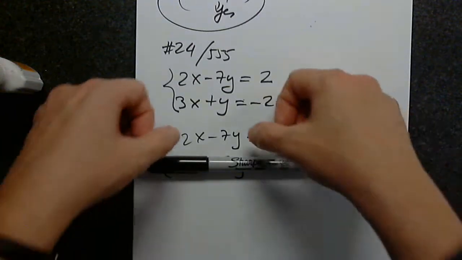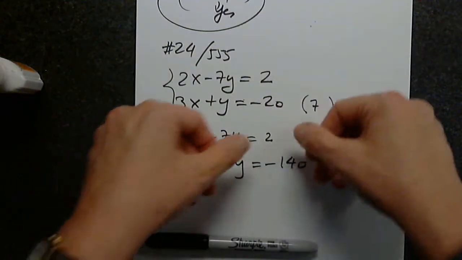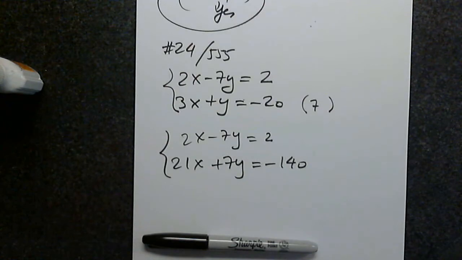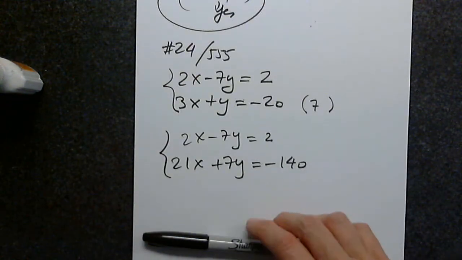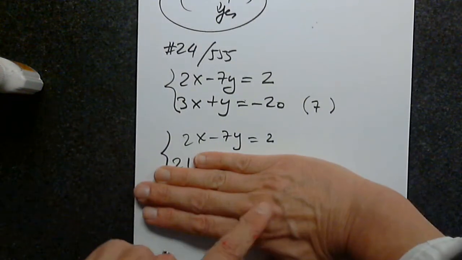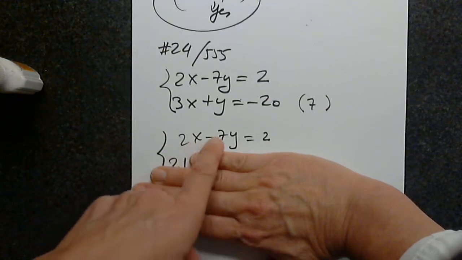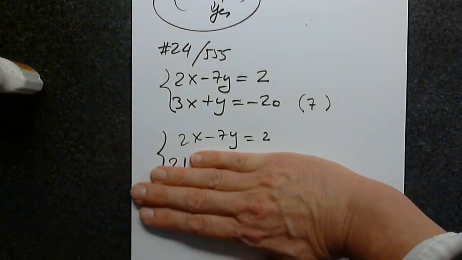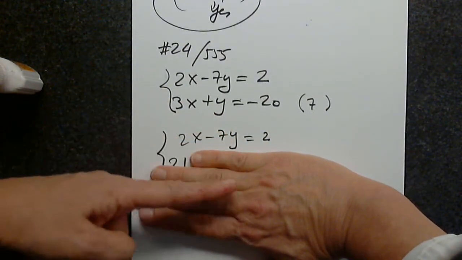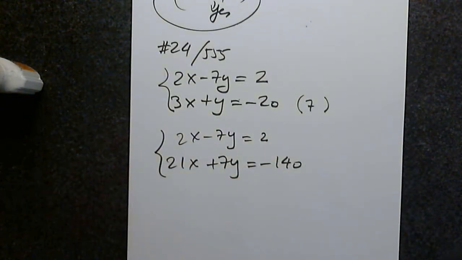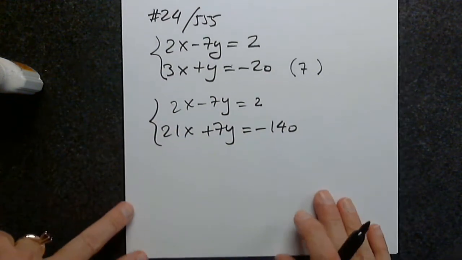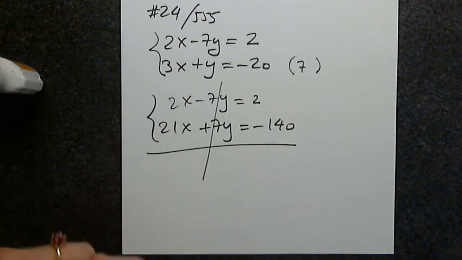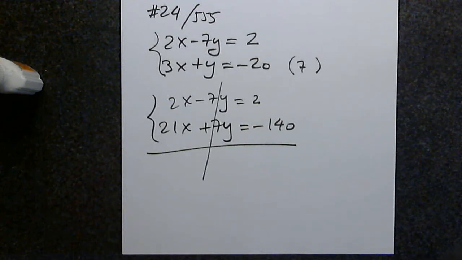So I will add this piece to this side, and I will add this piece to this side, because they are the same. Are they the same? Yes, that's what it says: 2x minus 7y equals 2. So this one is needed here, and this one is needed here. And that's how I get rid of y. So I add to both sides of the second equation 2.